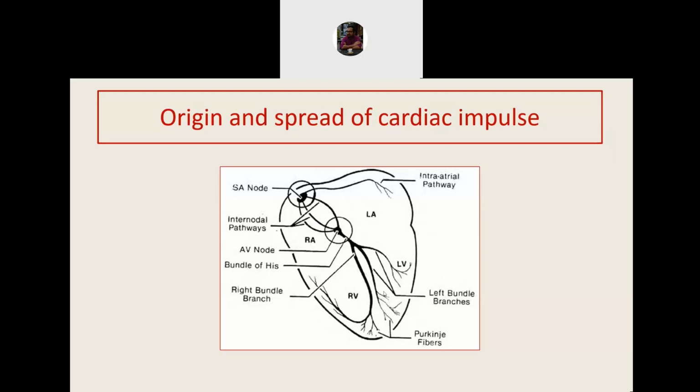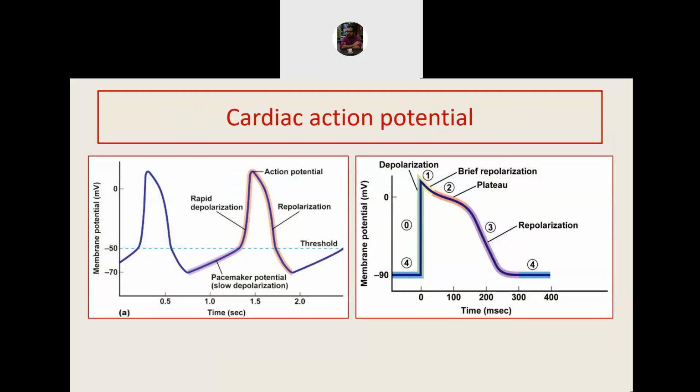Now, how does this autorhythmic potential generate? In heart, we have two types of action potential: the slow response action potential that has a slow slope, and a fast response action potential that has a fast slope. The pacemaker cells like SA node and AV node show the slow response action potential, and the contractile cells show the fast response action potential.